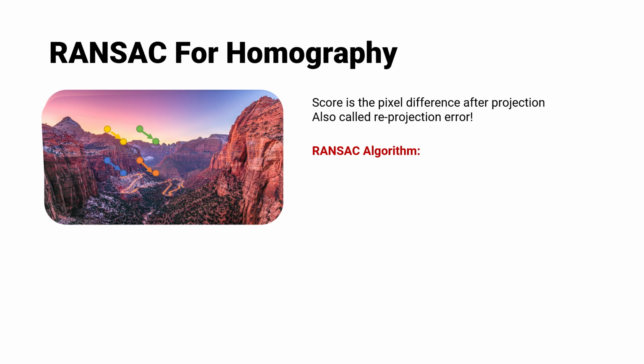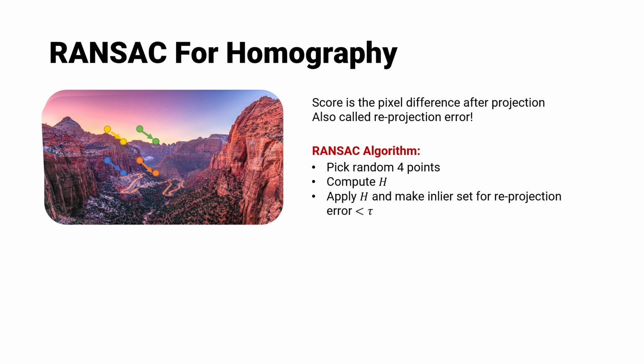So the RANSAC algorithm will be as follows. We need the minimum number of points to estimate the model, which for homography is 4 points from the previous episode. If this is not ringing a bell, please go back to the previous video and watch that. Then we use the 8-point algorithm to compute the homography. We take that homography, apply it, and see how many points are in the inlier set, using the reprojection error.